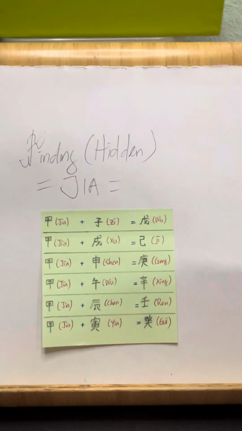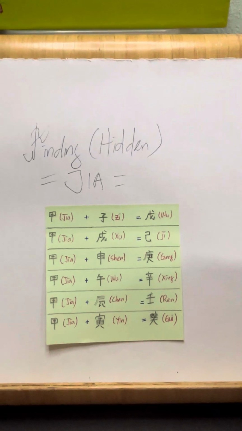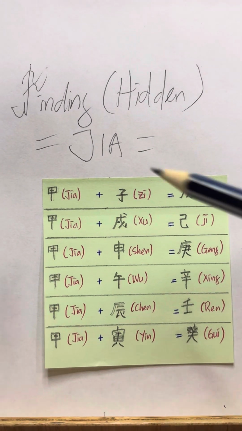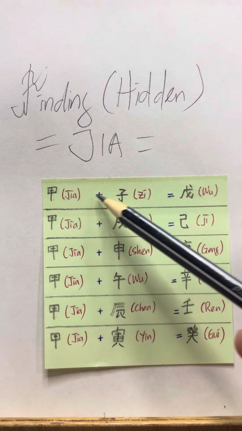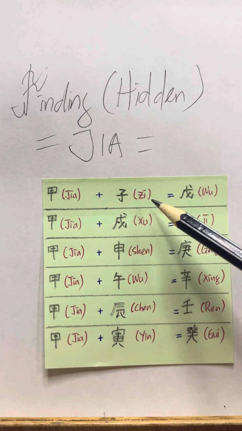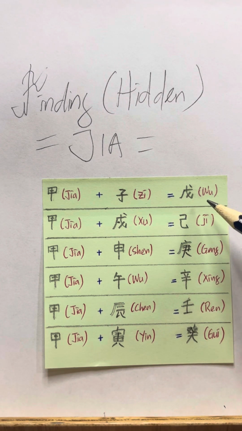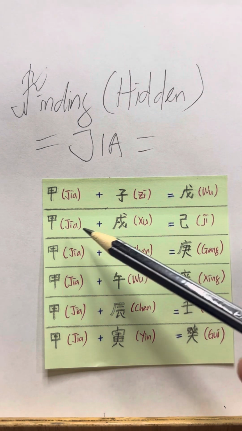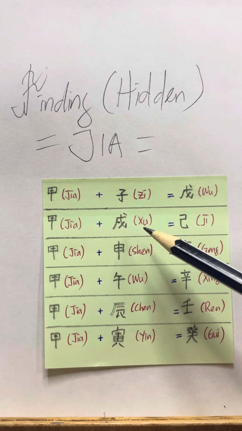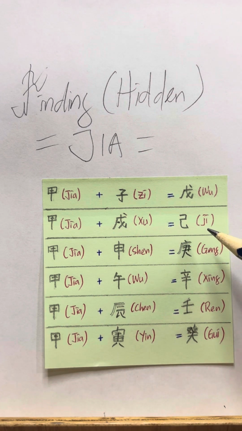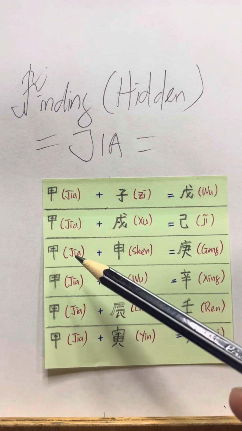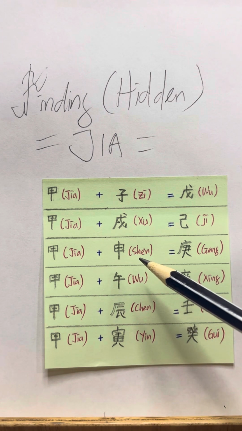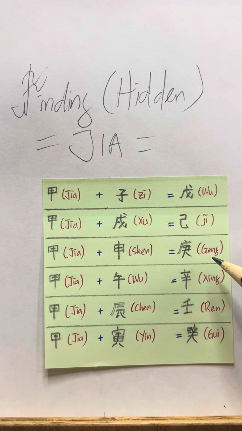This is a formula in finding hidden Jia. If Jia is combined with Zi, it can be found in Wu. If Jia is combined with Xu, it could be found in Ji. If Jia is combined with Shen, it can be found in Geng.